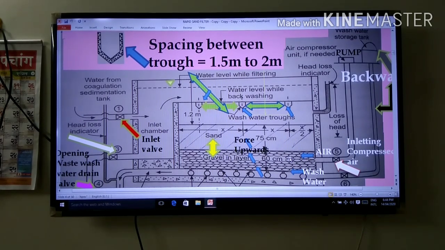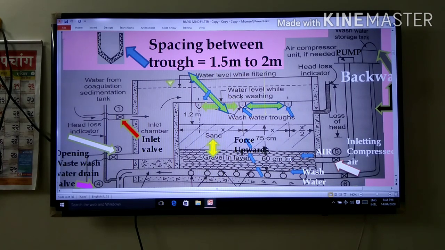The purpose of inletting compressed air, in a simple way, is that compressed air is forced into the gravel so that it travels upward toward the filter media, that is sand, and again it moves to the wash water troughs.